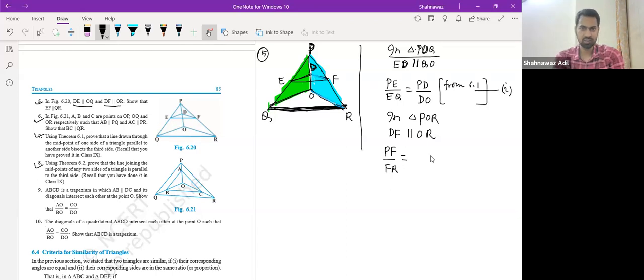So what is the other side of the triangle? Yes, you are absolutely correct. So this is the first ratio, right?